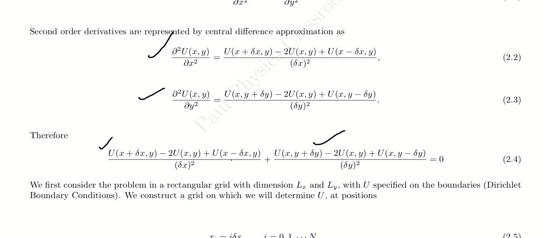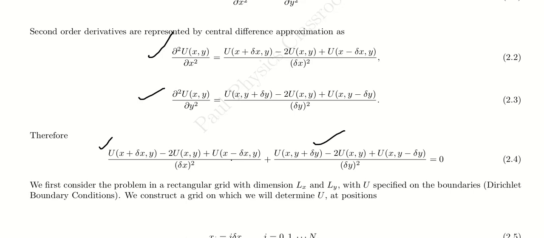In order to solve this numerically in a computer, I first have to consider a rectangular grid with dimensions Lx and Ly with u specified on the boundaries. If we specify u on the boundaries, that is called the Dirichlet boundary conditions.